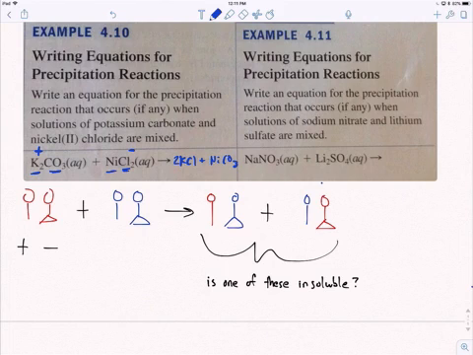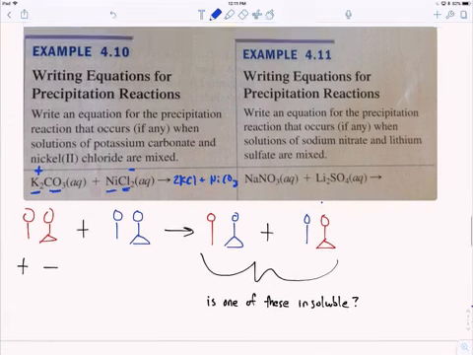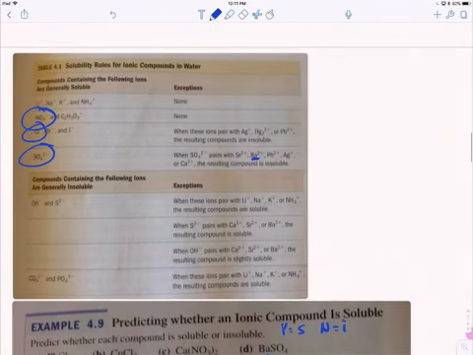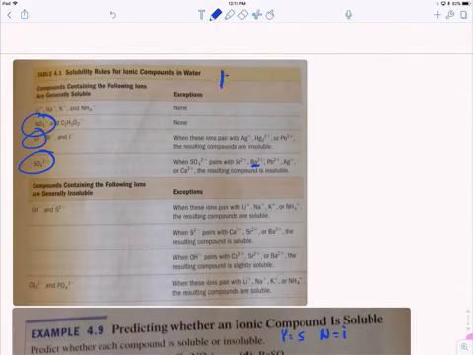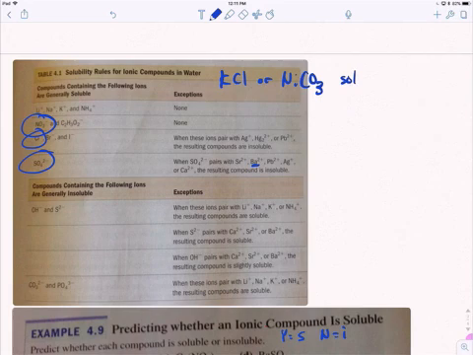Then the nickel: 1 nickel on the left, 1 on the right. 2 chlorines on the left, and by putting the 2 in front of the KCl, we have 2 chlorines. So that's balanced now. Now we have to go to the chart. We have KCl and nickel carbonate. Let me go back up to the chart. The question is, KCl or nickel carbonate, is it soluble or insoluble?